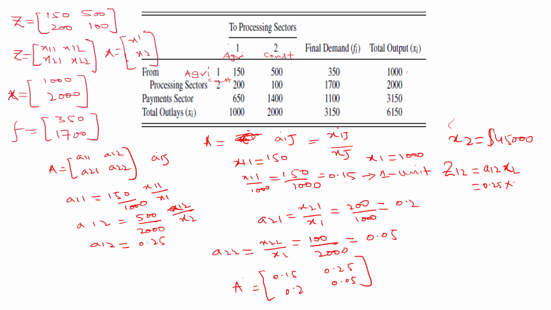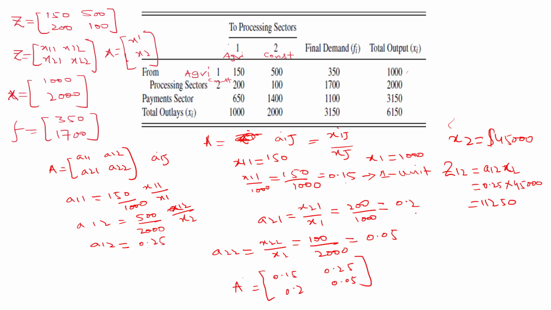This is our new, let's suppose, target. So it will be 11,250. When the output of sector 2 is tripled, the input from sector 1 is tripled. So basically this shows that when the output of sector 2 is tripled, the input from sector 1 is tripled.